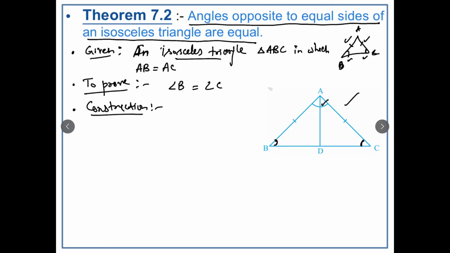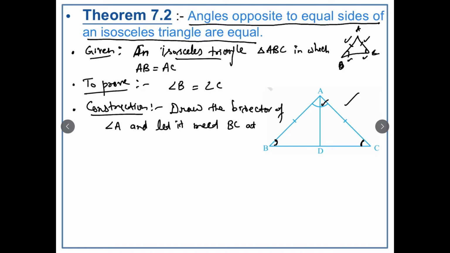So the construction is: draw the bisector of angle A and let it meet BC at D. When you draw the bisector of this angle A, it meets BC at point D.